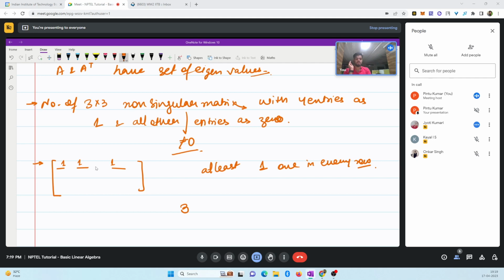Once you have fixed the position of 1 in the first row, when you move to the second row, it should not be just below this one. Otherwise your column won't have any ones, right? So every column should also have at least one non-zero element. So now you have 2 choices, and your third one will then have only one unique choice.